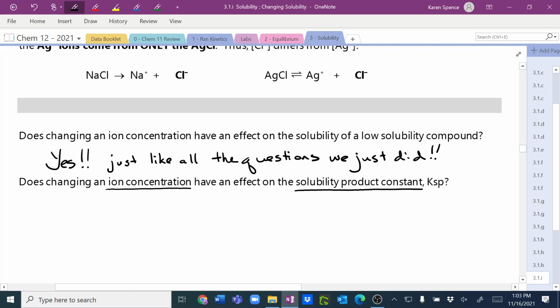Before I call on you, I'm going to give everyone a chance to just talk about this a little bit. So talk with your partner. Does changing the ion concentration change the KSP?